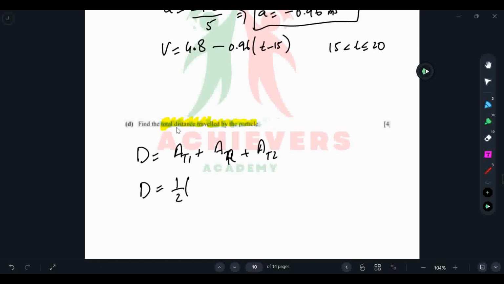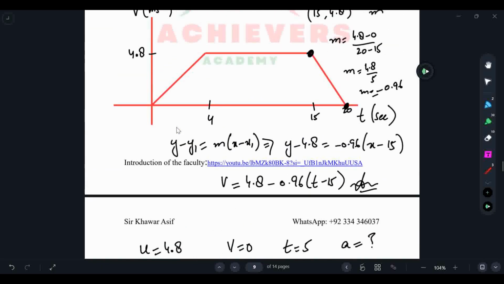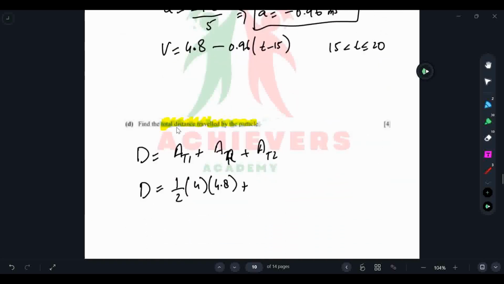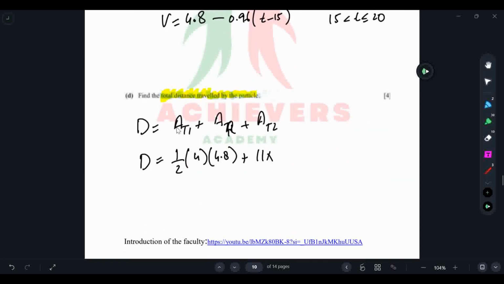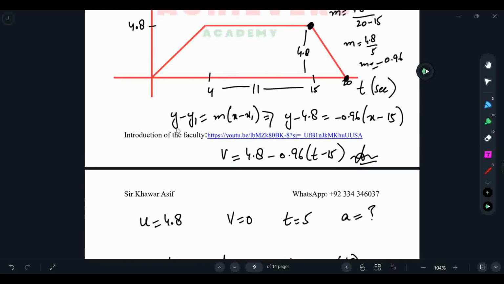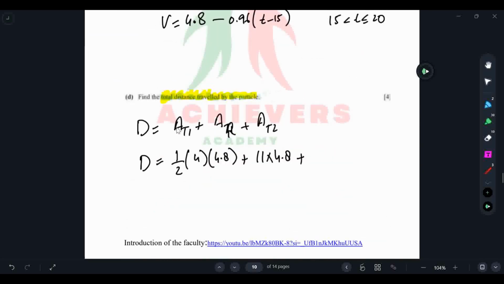Base is 4 and the height was 4.8. Similarly, for the area of the rectangle, this length is 11 and this length is 4.8, so 11 into 4.8, length into width, plus the area of triangle 2. Here the base is 5 and the height is 4.8, so 1 by 2 base into height.